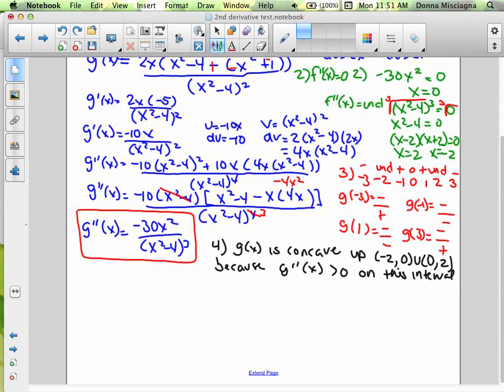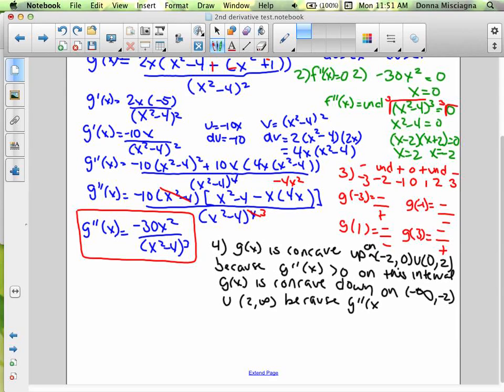On this interval, g of x is concave down on negative infinity to negative 2 and 2 to infinity, because g double prime of x is less than 0 on this interval.